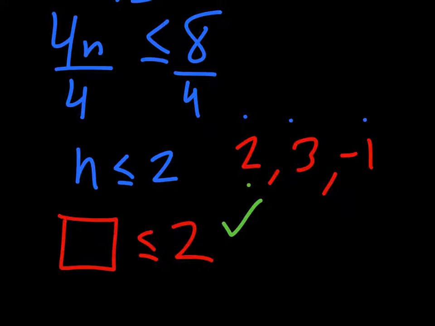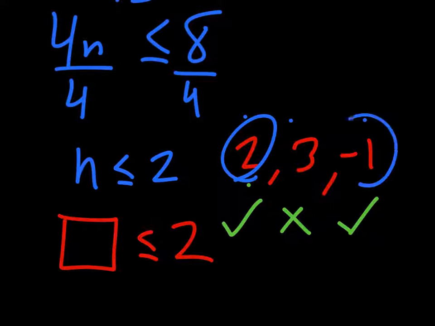Yes. Is 3 less than or equal to 2? No. Is negative 1 less than or equal to 2? It is less than, so yes. The question says, is each number a solution of the given inequality? 2 is, and negative 1 is. That is the answer to that question.